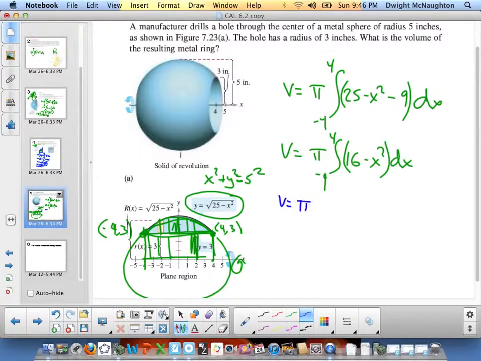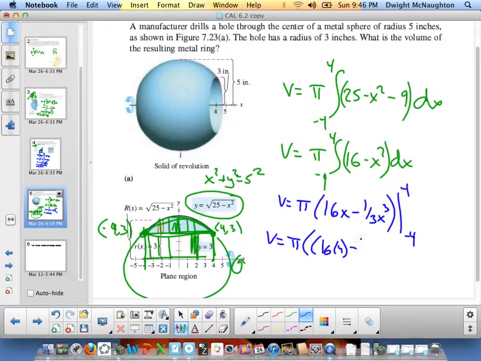All right, so it'll be pi times 16x minus 1/3 x cubed from -4 to 4. So it'll be pi times 16 times 4 minus 1/3 of 4 cubed, minus 16 times -4 minus 1/3 of -4 cubed.